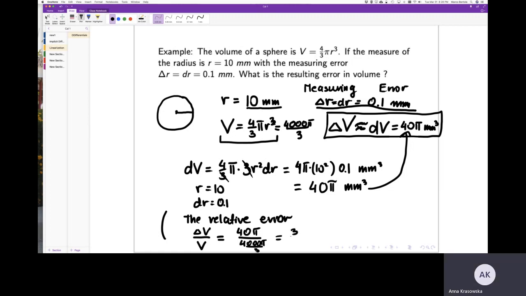The pi cancels, the 4 cancels, and we get 3 over 100, which is 3%. Okay, so this error in measurement of the radius gives us a possible 3% error in total volume.